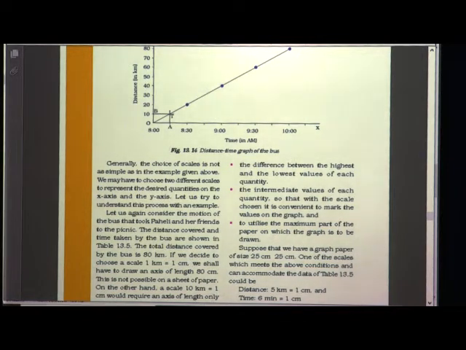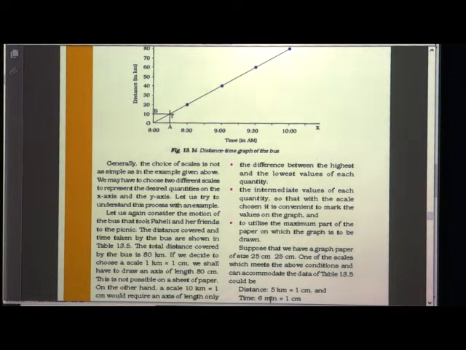That is why we have to take a scale. On the other hand, a scale of 10 kilometer is equal to 1 centimeter. Graph paper does not have 80 centimeters, so we have to change our scale, and we will take 1 centimeter is equal to 10 kilometers.